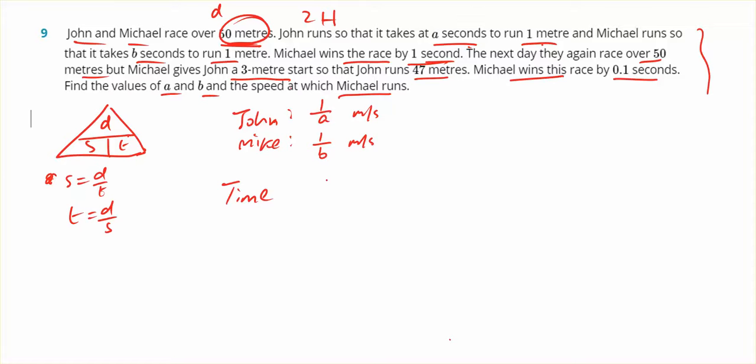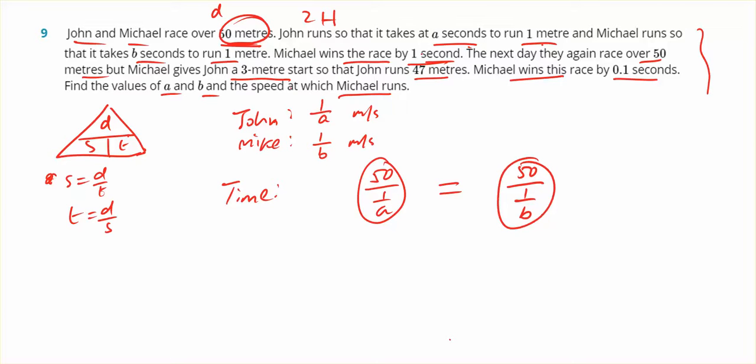So we know John's time is distance over speed. What's John's distance? 50 meters over John's speed, 1 over A. Mike also ran 50 meters and his speed is 1 over B. So I'm just purely equating the time, okay? This is the expression for John's time, this is the expression for Mike's time.